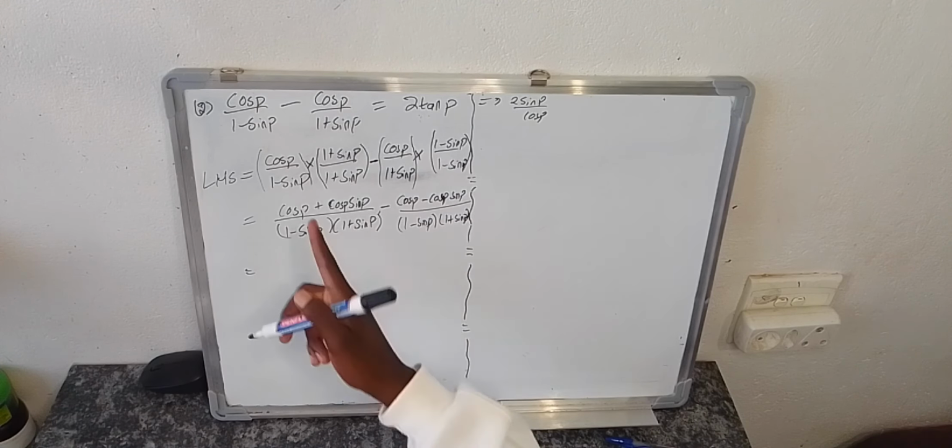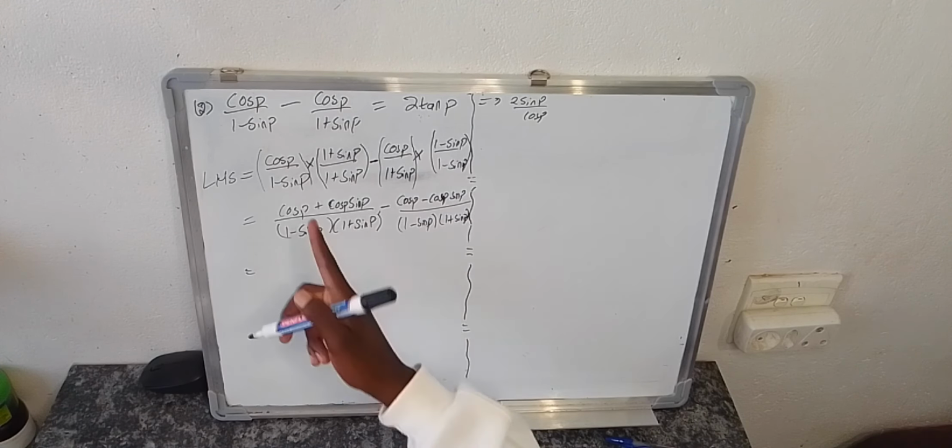So now let's remove the bracket at the numerator side. So now you're going to be left with cos p plus cos p sine p minus cos p plus, positive, because negative multiplied by negative is positive, cos p sine p, and all divided by 1 minus sine p multiplied by 1 plus sine p. You see? So now back to the numerator side. At the numerator side, you can see that we have like terms. We can take cos p and minus it with cos p.